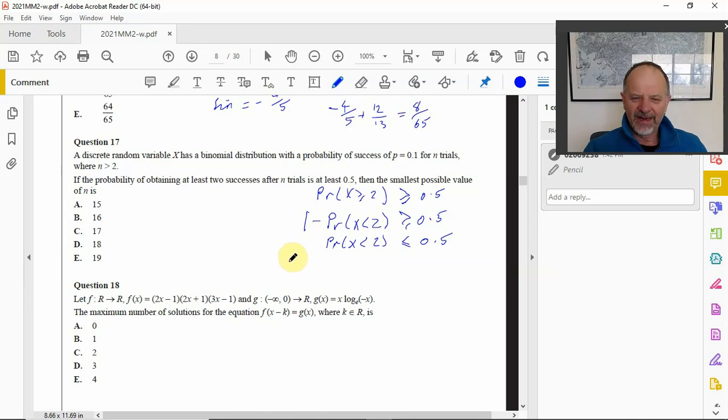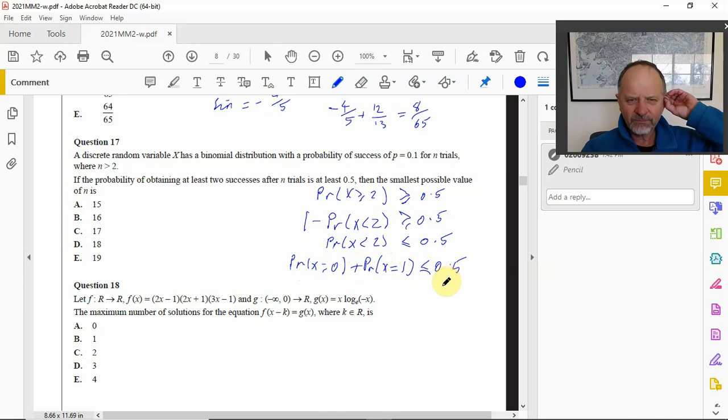Now, probability x is less than 2 is the probability x is equal to 0 plus probability that x is equal to 1, and we want that to be less than or equal to 0.5.